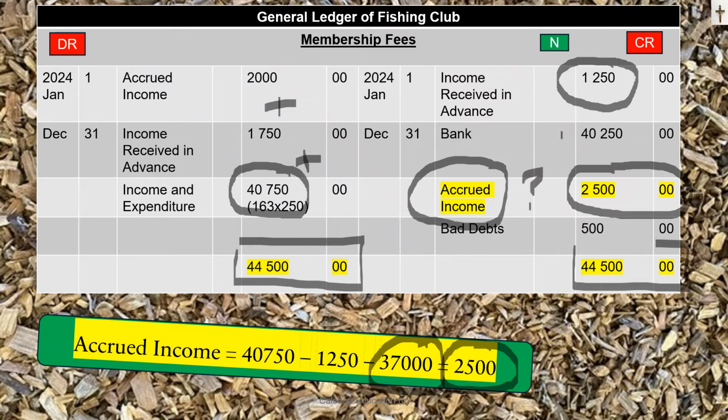So this must also equal 44,500. And if I say 44,500 minus 500 minus the bank amount minus the income received in advance, you're going to get 2,500. Then you would have completed this membership fees account.